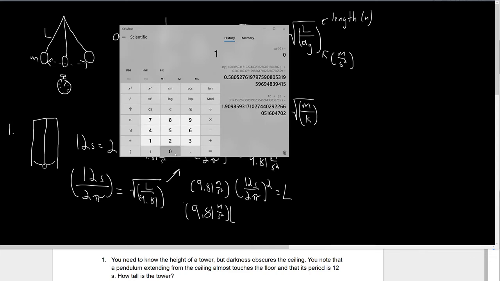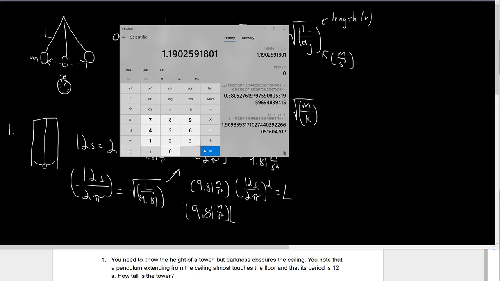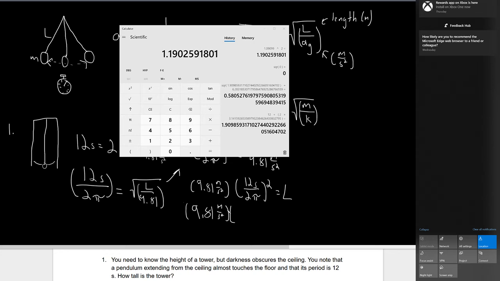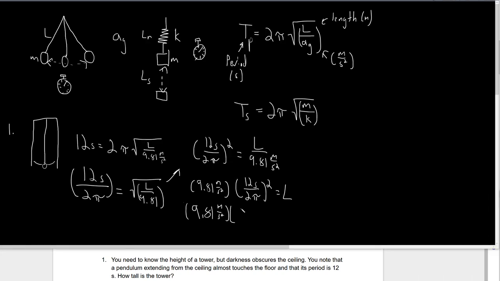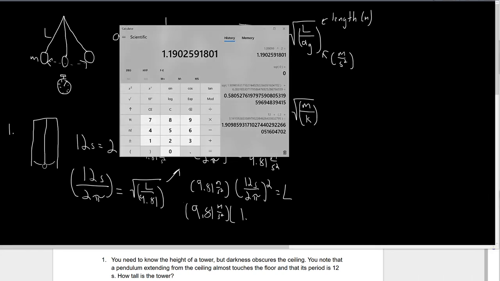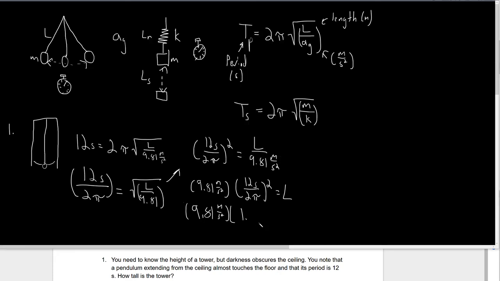That's what I want. Nope, that's not what I want. All right, good enough. Thank you, Flipboard. Wow, technical difficulties today. 1.19, and right away we already knew that was seconds squared.